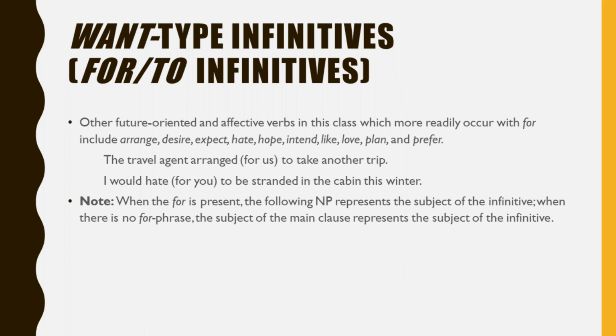When there is no for phrase, the subject of the main clause represents the subject of the infinitive, which is represented as the pro in the tree. For example, the travel agent arranged to take another trip. So the travel agent there represents the subject of the infinitive since there is no for phrase in the sentence.